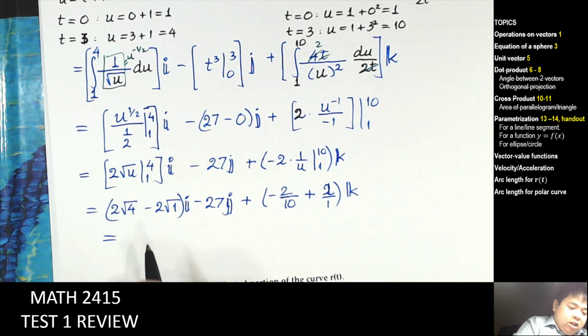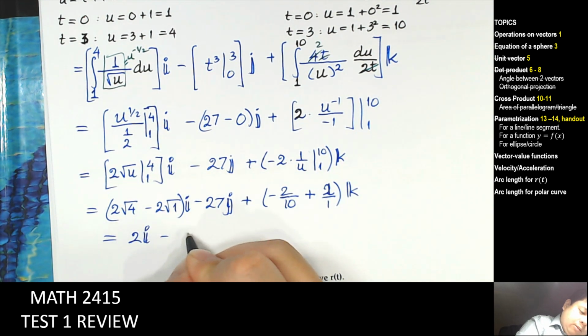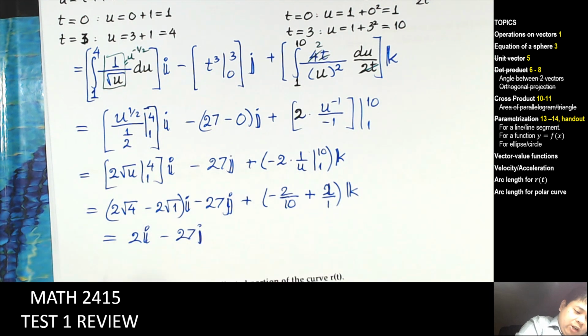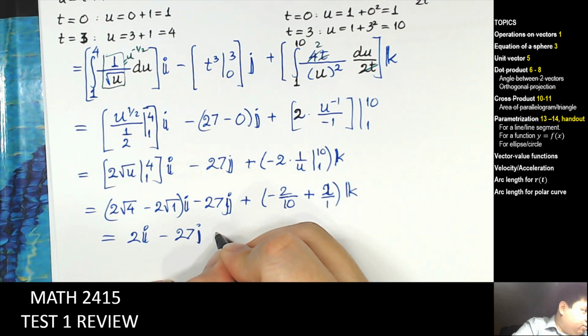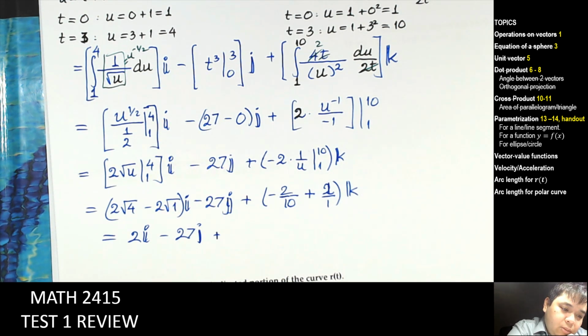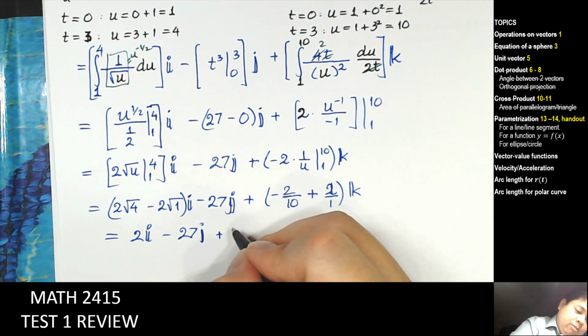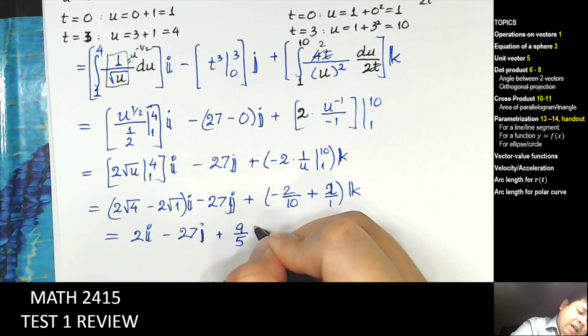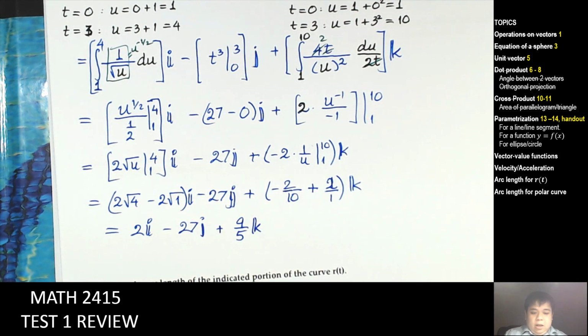So 4 minus 2, so 2i, 27j. 2 minus 2 over 10, so 8 over 10, so 4/5. I mean 2 minus 1/5. So that would be 9/5. Okay. So 18 over 10, so 9/5.